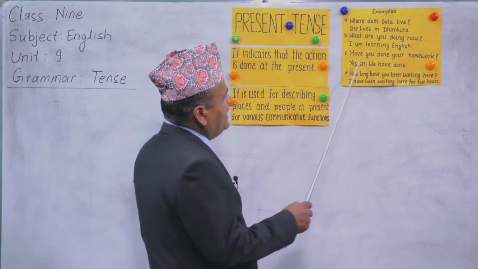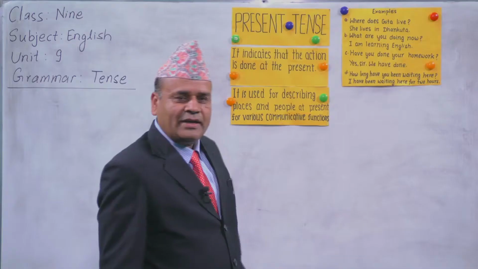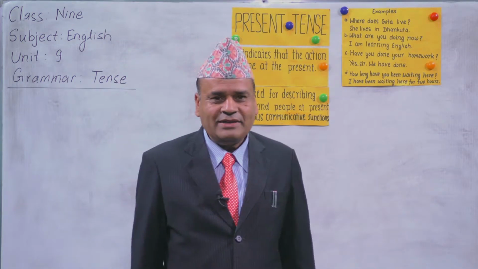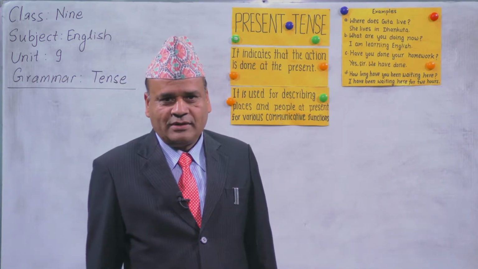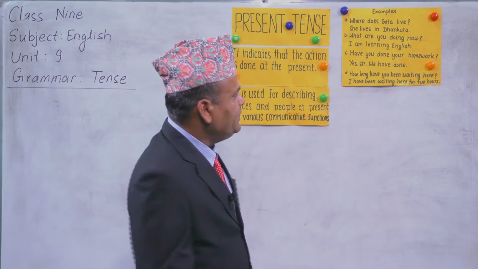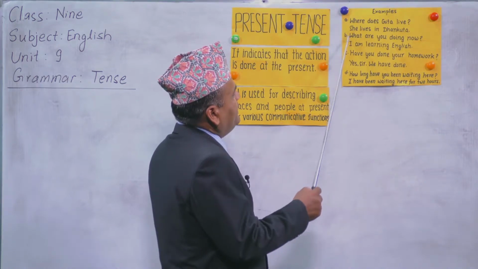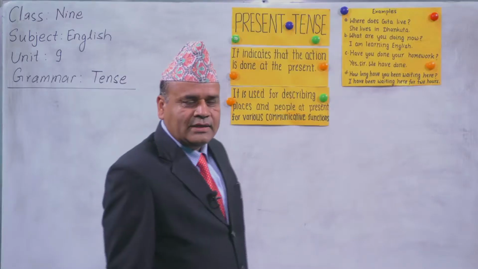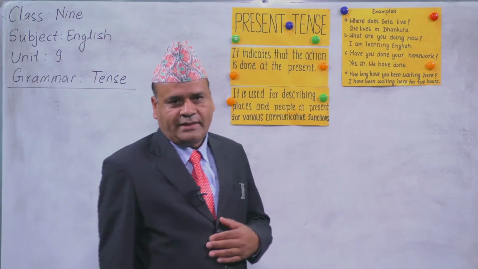So, next is, have you done your homework? Normally, your teachers may ask you, all right, in the class, have you done your homework? So this is also present tense, but you see number B is different from number A. Similarly, number C is again different because this is present perfect tense.